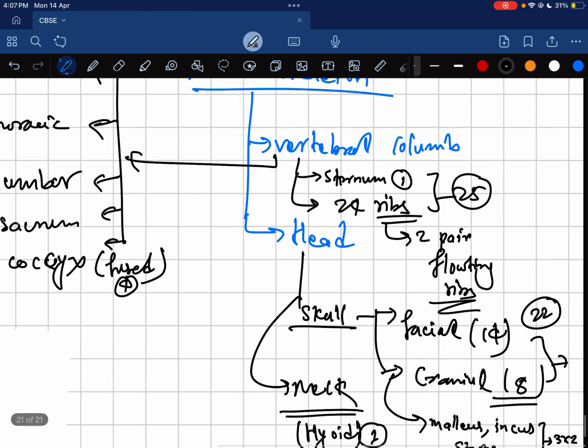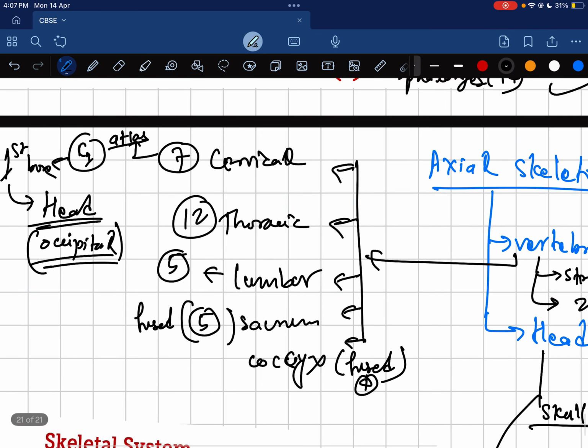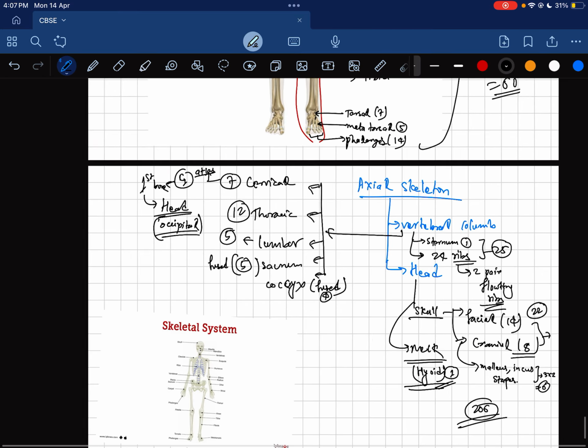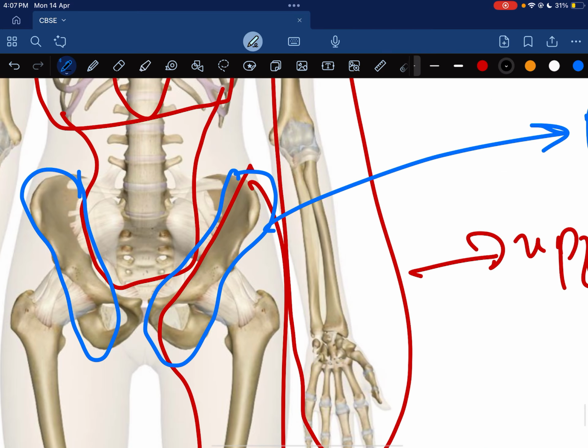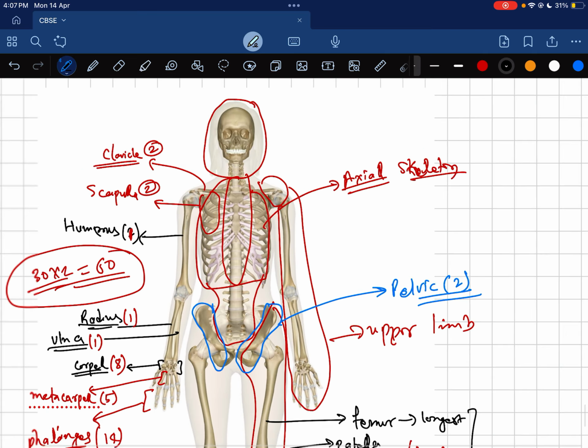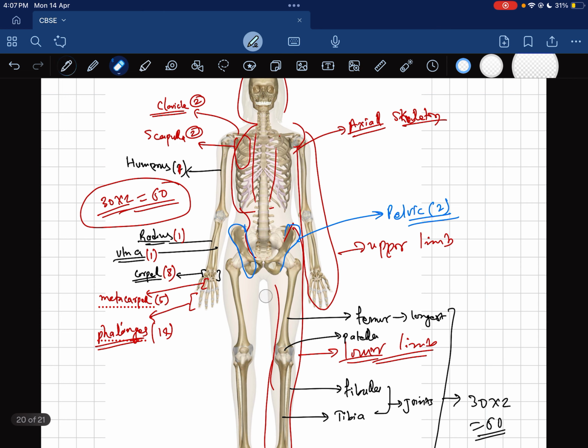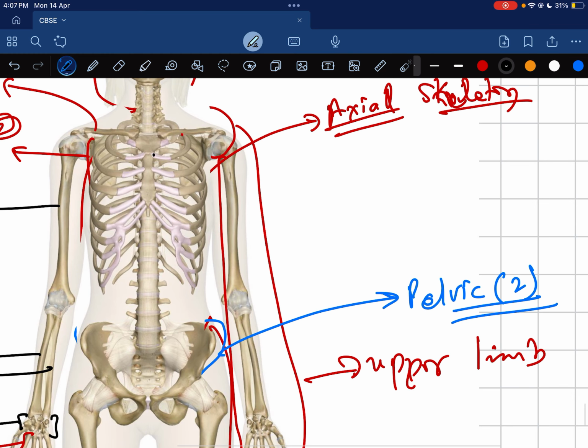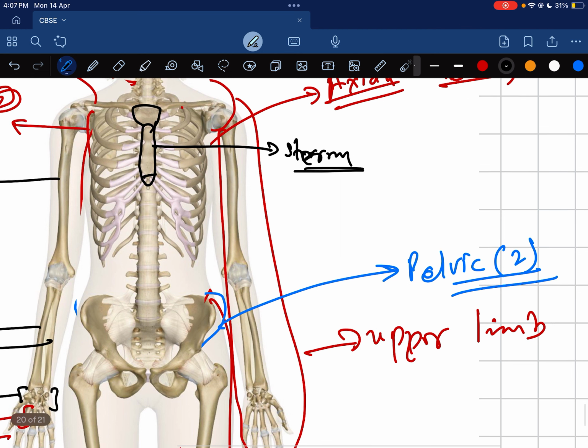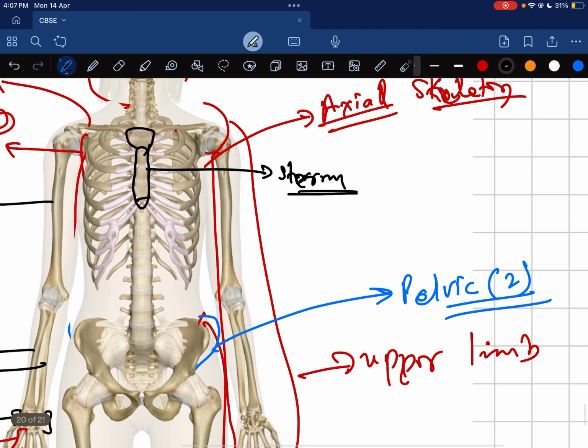Now we have discussed the cervical, thoracic, lumbar, sacrum and coccyx. So we can look at this image. In this image I am going to remove the drawing. Now we can look, this is the sternum bone, and in the backside where the ribs are attached, this is called the thoracic vertebra.